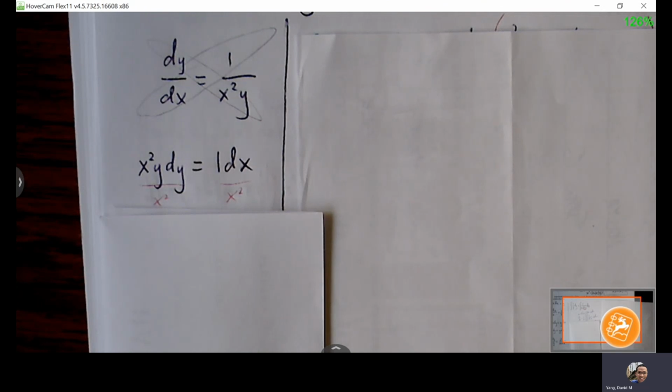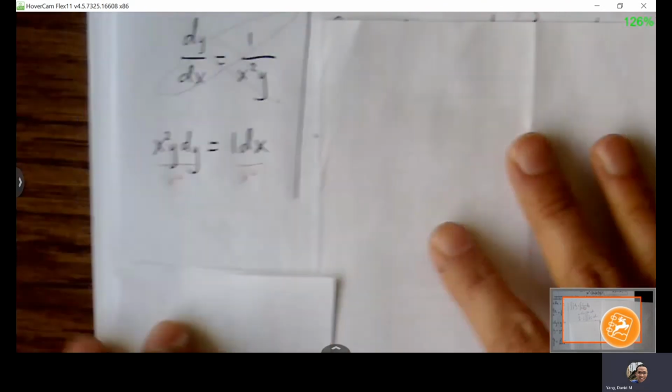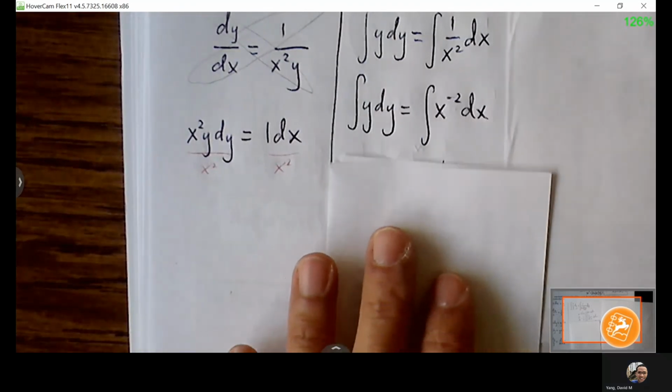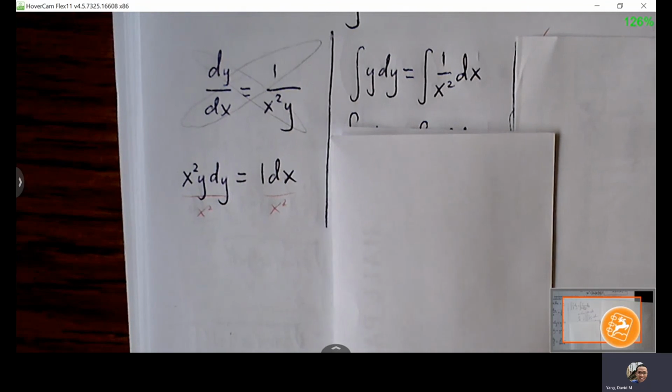Divide the x squared over. And we have this step here: y dy equals 1 over x squared dx. Left side, we recognize that as power rule. Let's talk about the right side, though. How do we handle that right side?